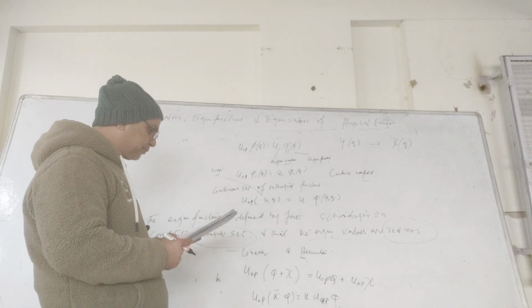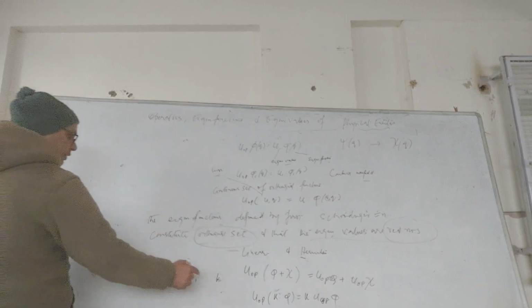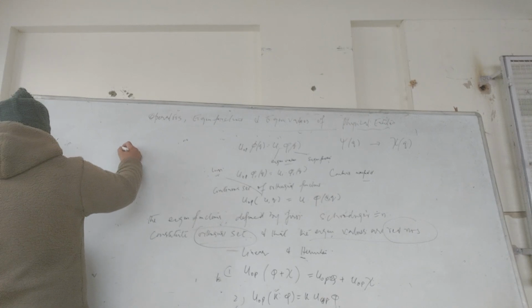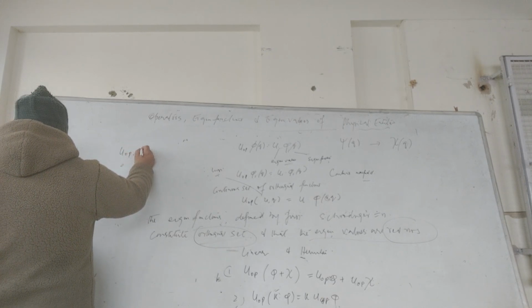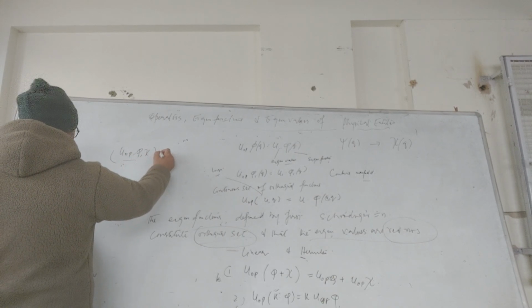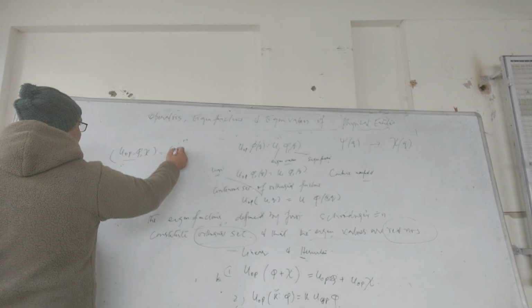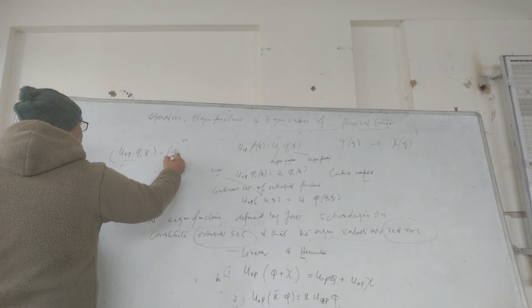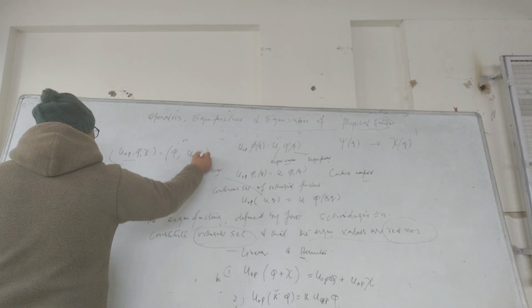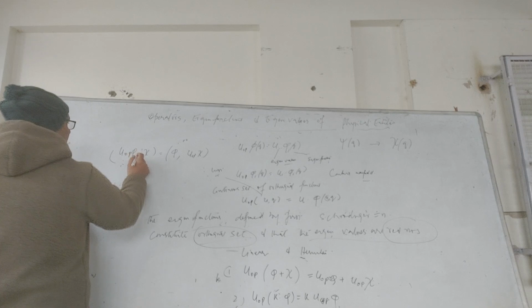Or we can say, from the inner product, the other property, property 2: the inner product of U operator acting on phi with chi.